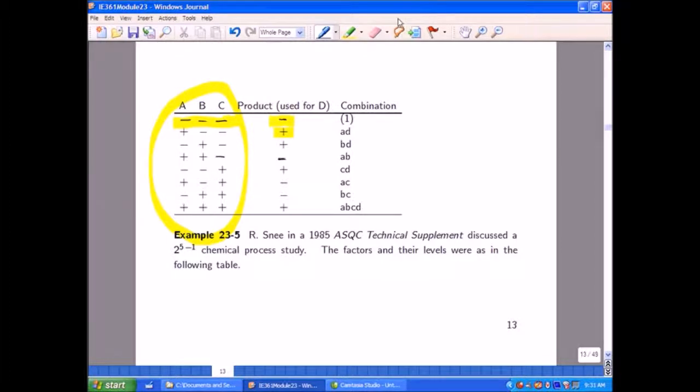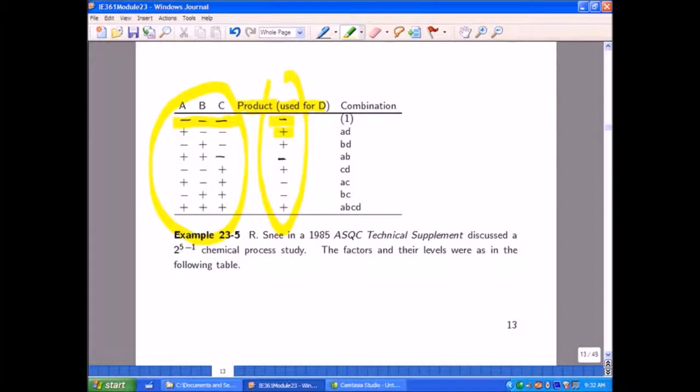And so the point here is that I've made up a column that is the product of the values in the first 3 columns, and these are what I use to choose levels of factor D.